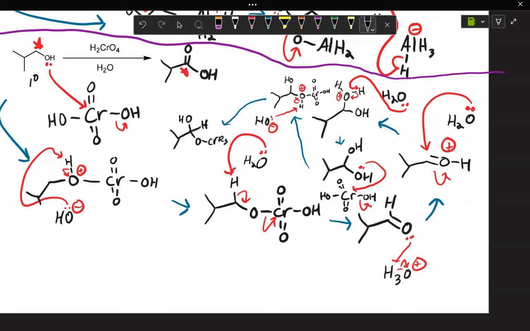We can just use water. Take off the hydrogen, form the double bond between the oxygen and the carbon, and then kick off the chromium group. And that would get us to the product of a really long mechanism.